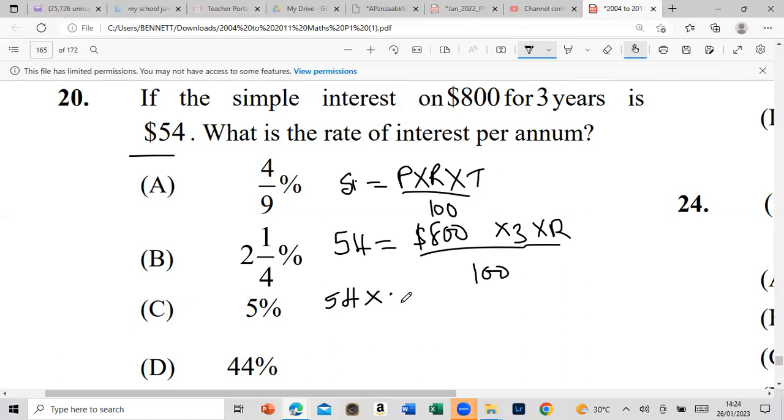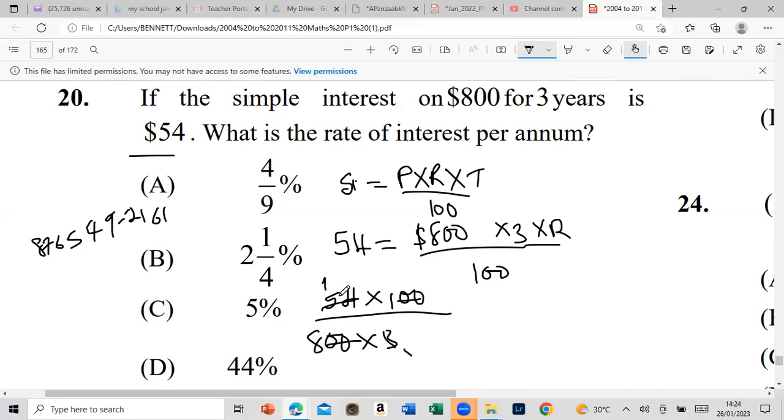Times 100, divided by 800 times 3. So we cancel. 3 into this, 3 into this.